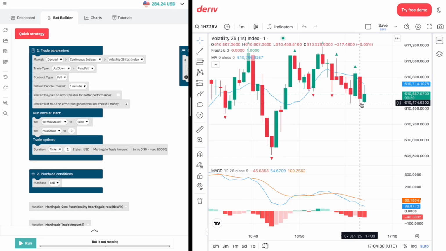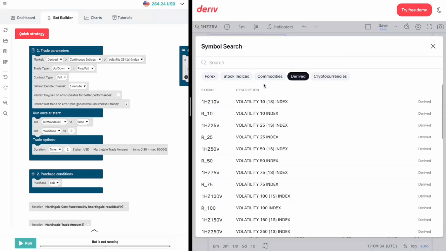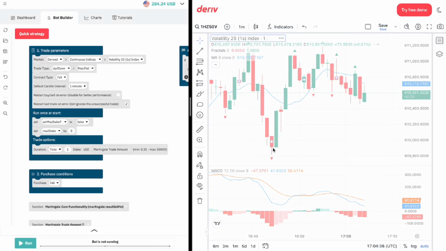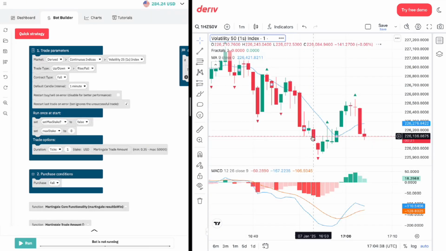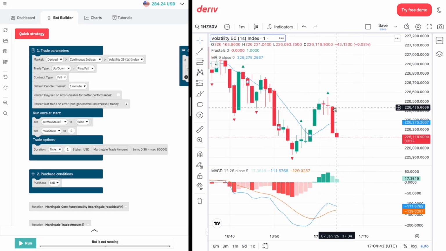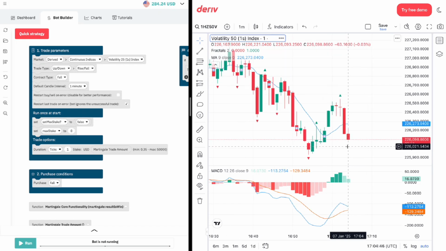So let's just try and find another market. Let's move. You're looking for just 2 extra runs. These are dojis here. Dojis, and then it started falling.